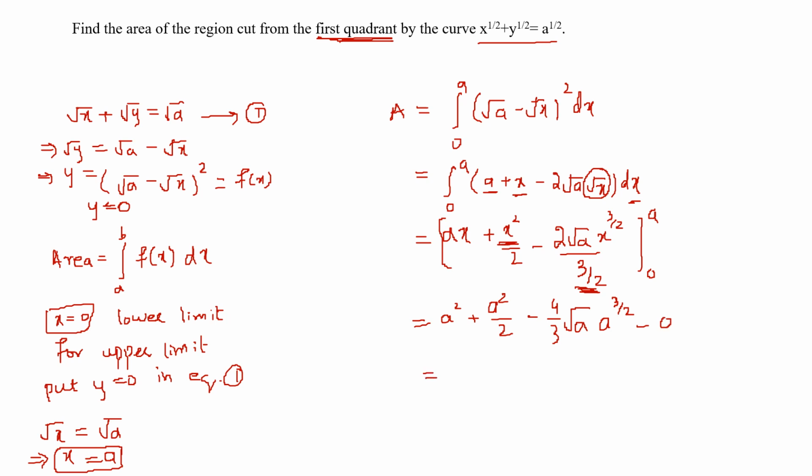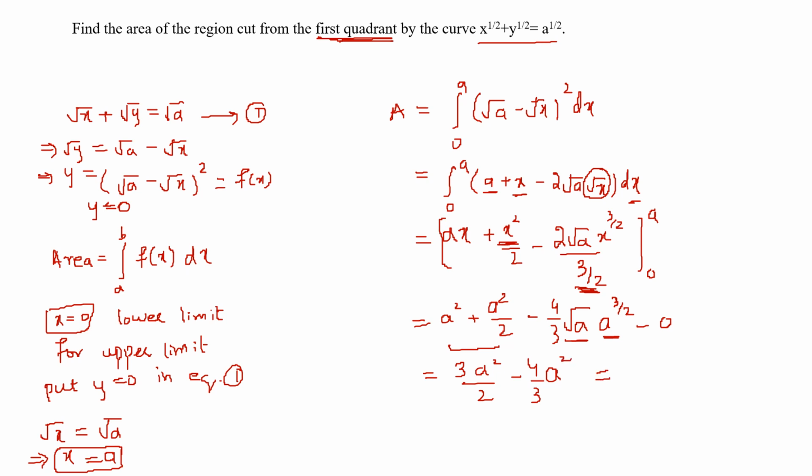Simplifying this, adding these two terms, we have 3a squared divided by 2 minus 4 by 3, and here the power of a is 1 by 2, and in this term the power of a is 3 by 2. So 3 by 2 plus 1 by 2 becomes 4 by 2, which is actually a squared.